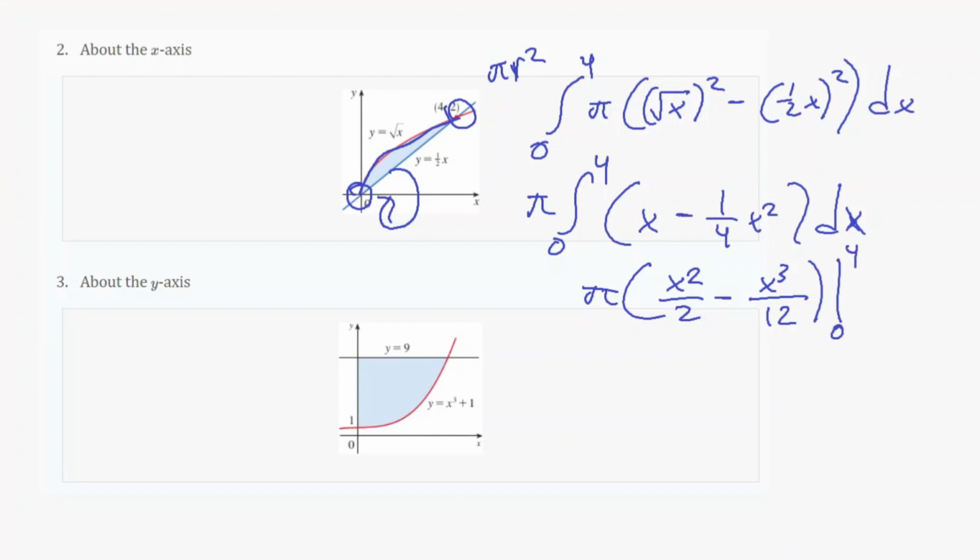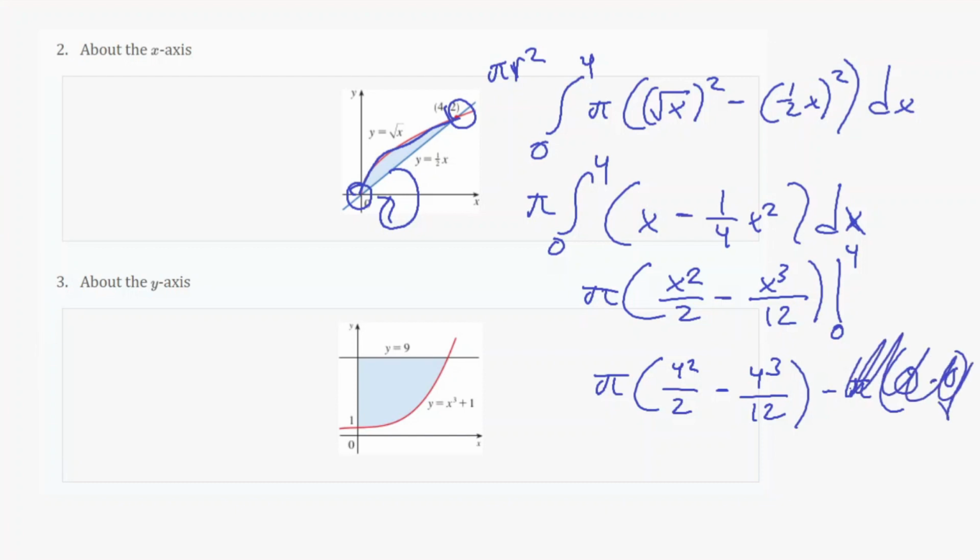Now at 0, all this is going to be equal to 0. But all we need to do is plug in 4. So we're going to have pi, open parentheses, 4 squared over 2 minus 4 to the third power over 12. And that would be minus pi times what you get when you plug in 0, but in this case you're going to have 0 minus 0, which is just 0.